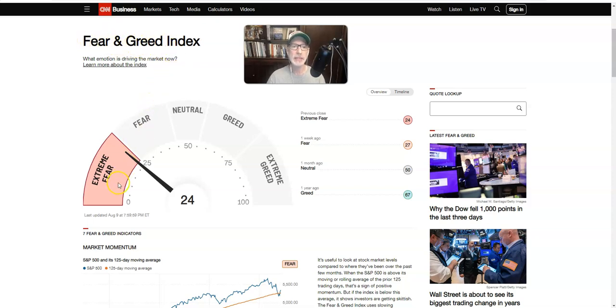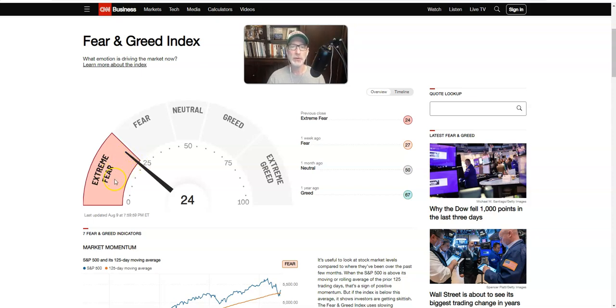So the fear and greed index goes from extreme fear to extreme greed. Right now, you can see we're in the extreme fear category. And in the throes of last week when the market was really hitting lows, we hit extreme fear in the teens, like maybe 15, 14, 16. This is also a contrarian indicator.